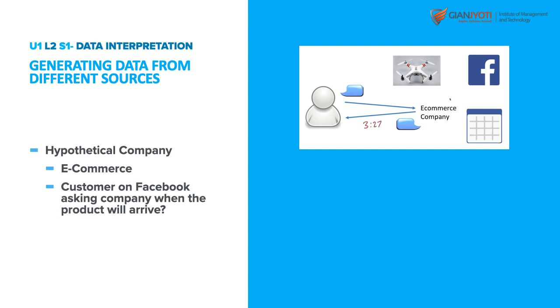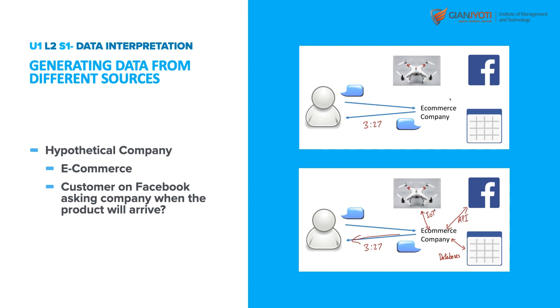Now let us understand the mechanism, how this is handled at the back end. So what is the company doing? Let me look at the second diagram and explain that to you. The customer has put a question on the Facebook page of the e-commerce company about the product. When can I get that product? The first thing the e-commerce company does is try to get the details of the customer from Facebook, because they don't know who that person is.